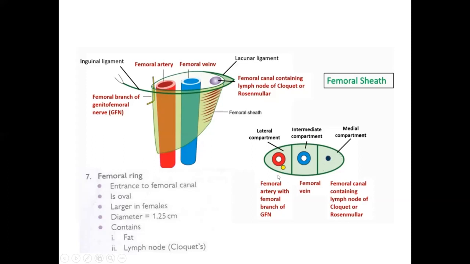This relationship is important to be asked in the exam, as they are arranged from medial to lateral: the femoral canal, the vein, and the artery laterally, and the most important point is that the femoral nerve lies outside this sheath.